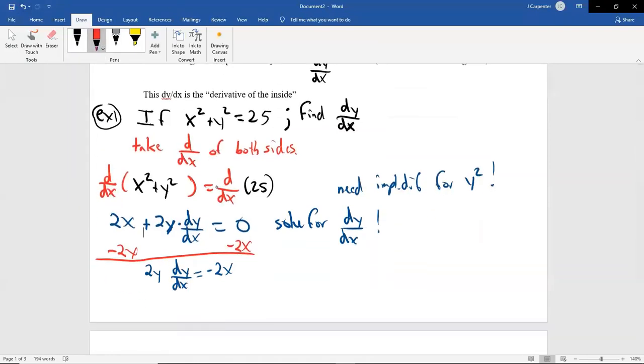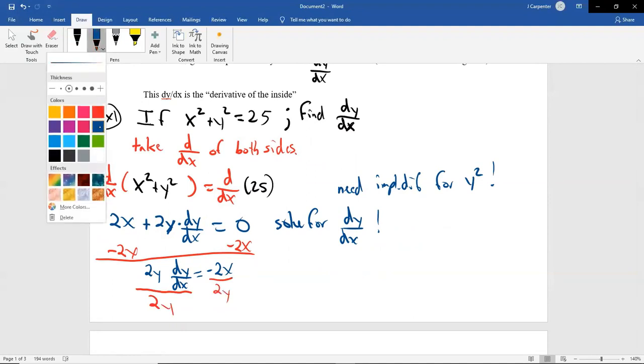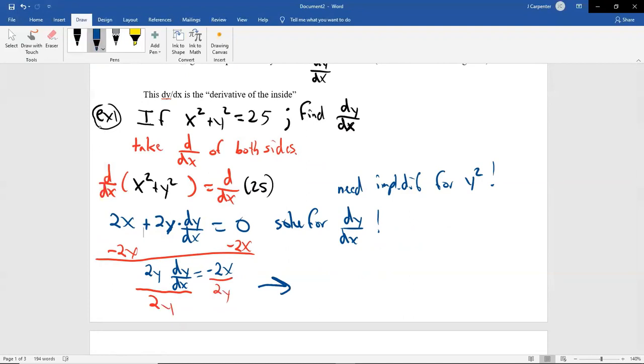Remember, we're trying to solve for this thing right here. We just got to get rid of the 2y. When we do that, we go over here. The 2y's cancel. You get dy over dx on the left. On the right, the 2's cancel, and you get negative x over y.